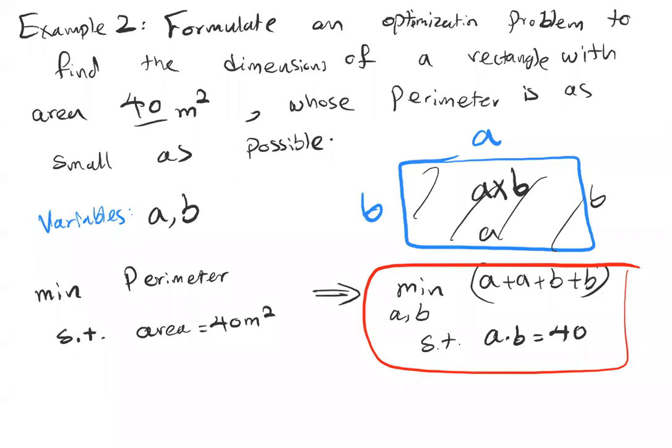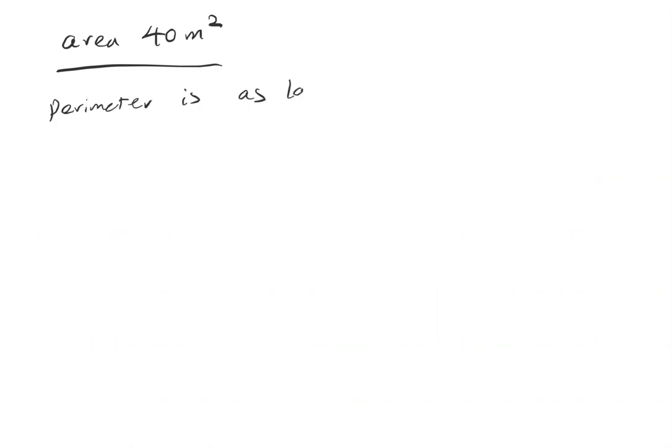Now I'm going to add another constraint to this problem. Formulate an optimization problem to find dimensions of a rectangle with area 40 meters squared, where the perimeter is as large as possible.